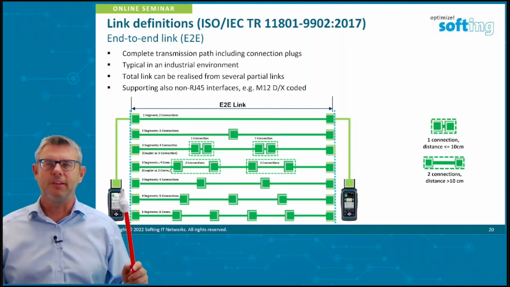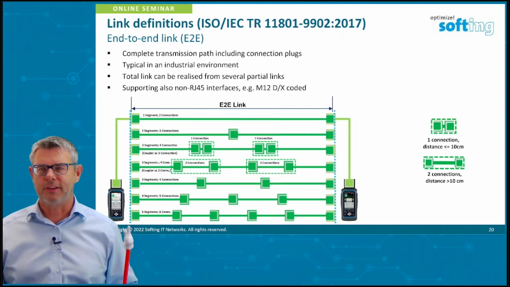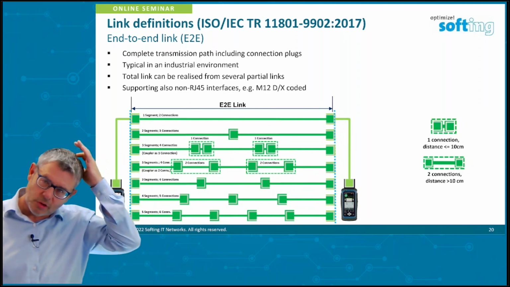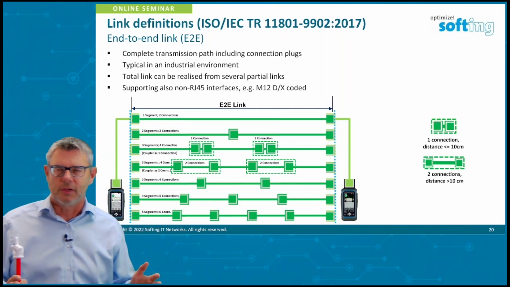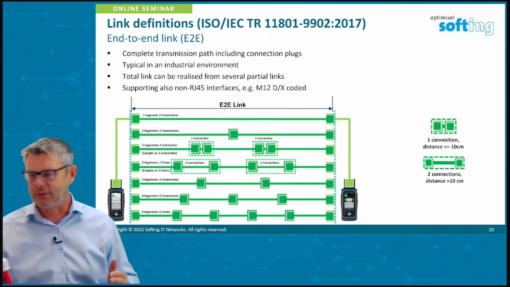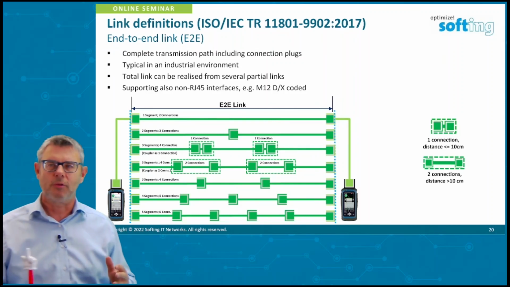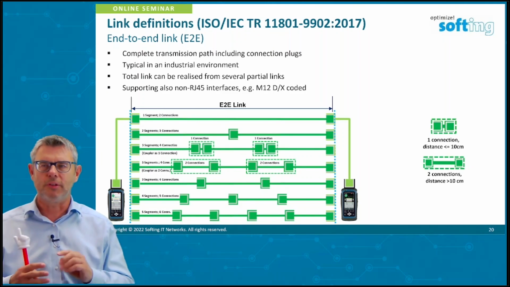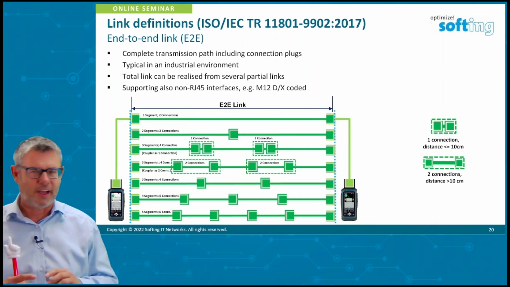What's also different is it's not only RJ45. As we know from the office and the building environment, we are always using RJ45. Okay, in industrial environments, there are a couple of other different connectors which are used. Very typical ones are the M12 series, M12 with different coding, X-coding, IX connectors.